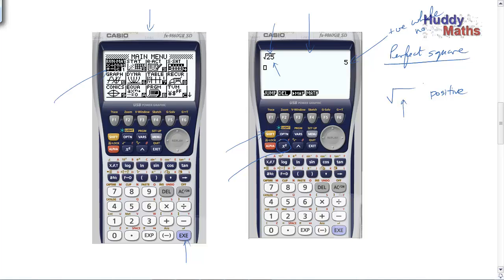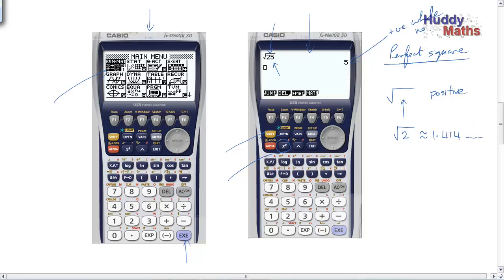So you might try something like the square root of 2. Now you would know, I would guess, that there's no whole number square that exactly gives the square root of 2. So if you put that in, you could use an approximation sign and you'll get 1.414. It'll keep going.